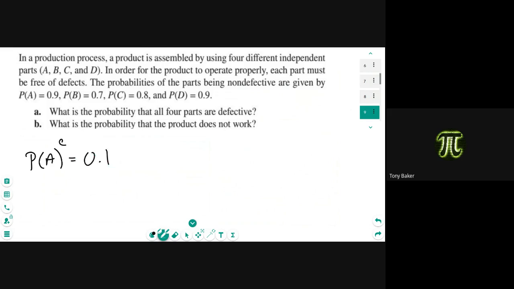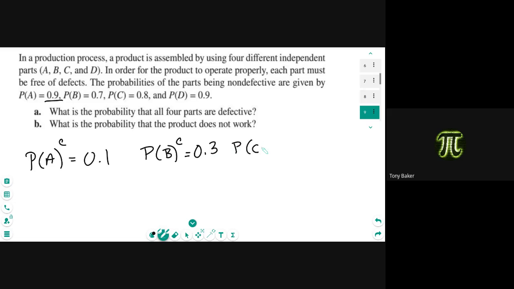Remember that complement comes into play, right? If it's non-defective, it's the opposite of defective. So non-defective is 0.9, defective is 0.1. So what's B? Great.